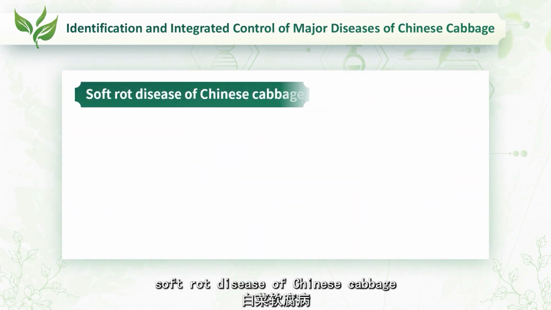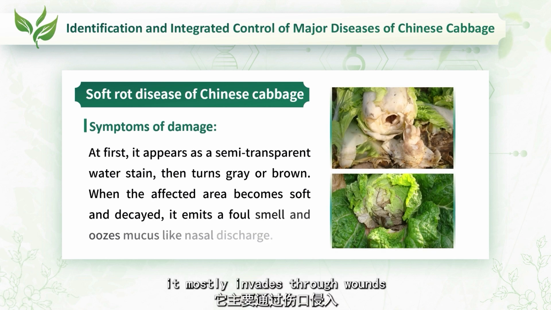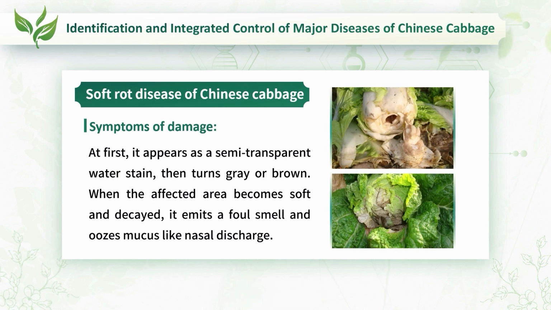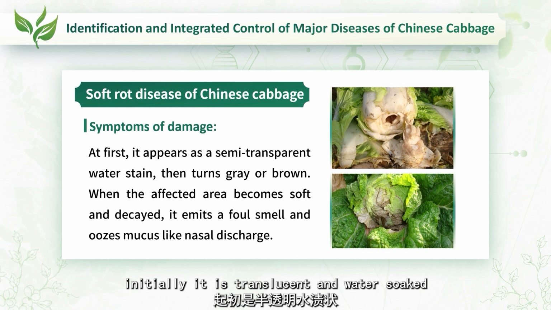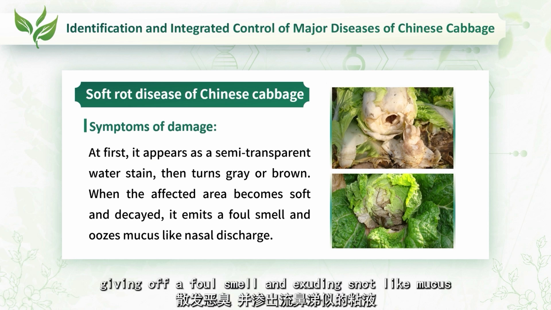Soft rot disease of Chinese cabbage is a bacterial disease. It mostly invades through wounds. Initially, it is translucent and water-soaked, and then turns gray or brown. The diseased part becomes soft and rots, giving off a foul smell and exuding snot-like mucus.